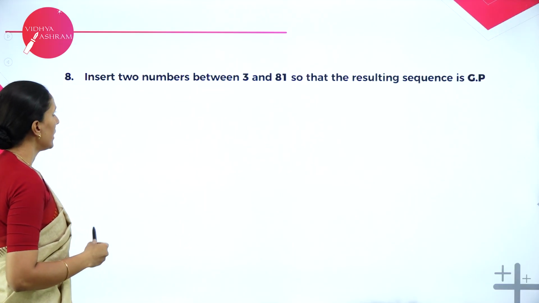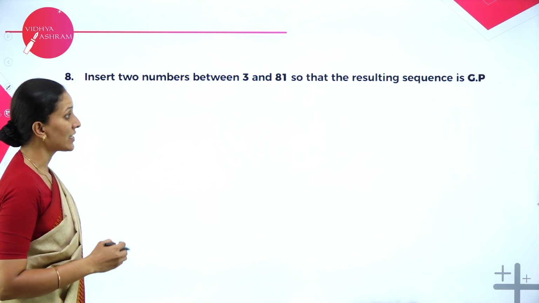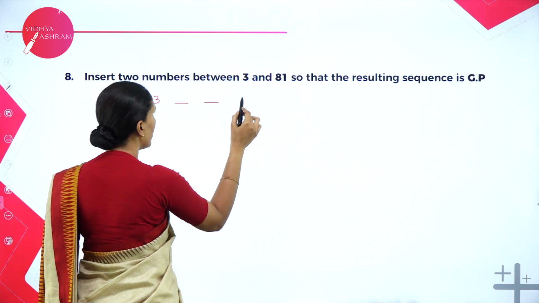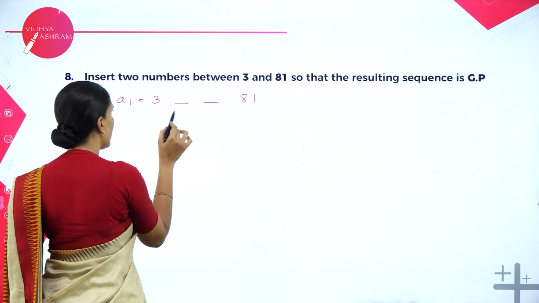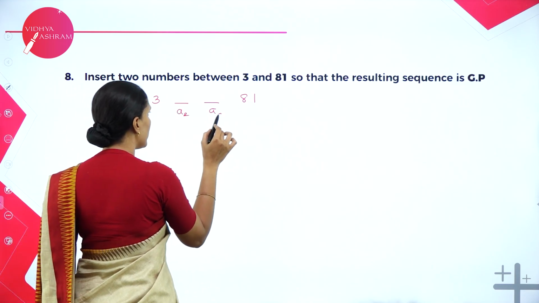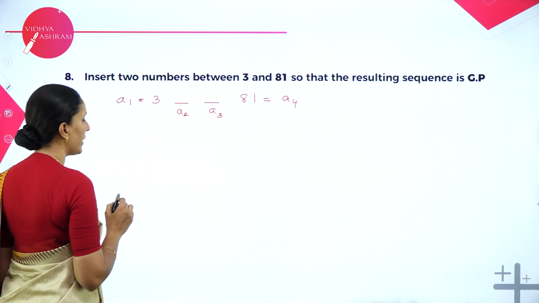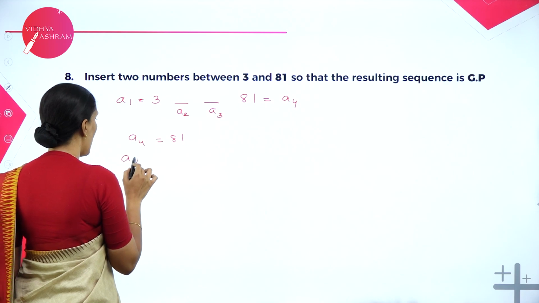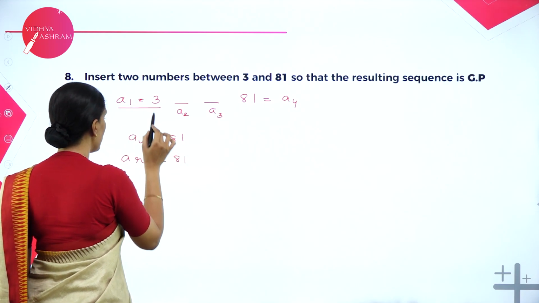Next question. Insert 2 numbers between 3 and 81 so that the resulting sequence is GP. So we need to insert 2 more numbers between these 2 numbers. So let me consider this term as A1, A2, A3, then this is A4. Now A4 is equal to 81 means AR cube is equal to 81. A is the first term.